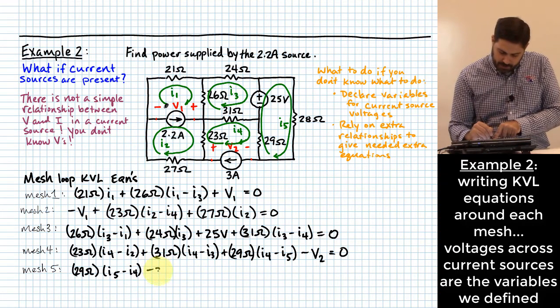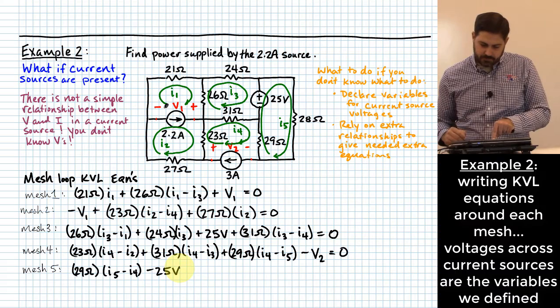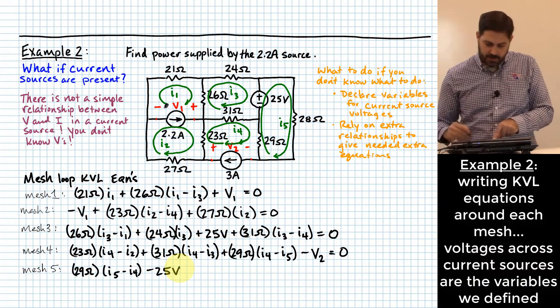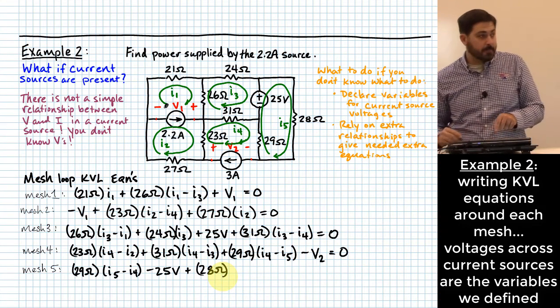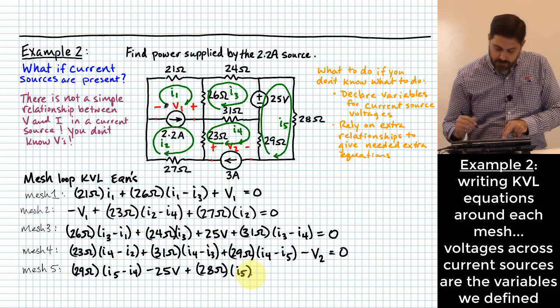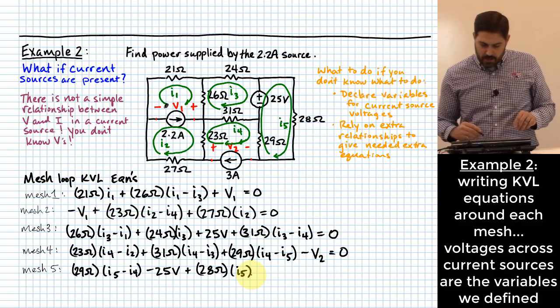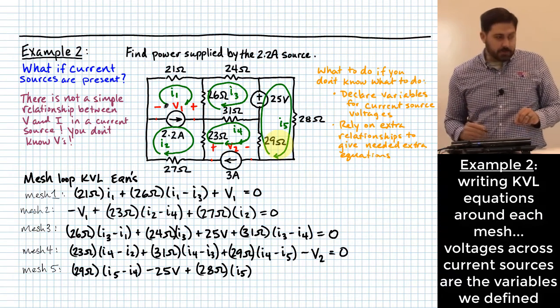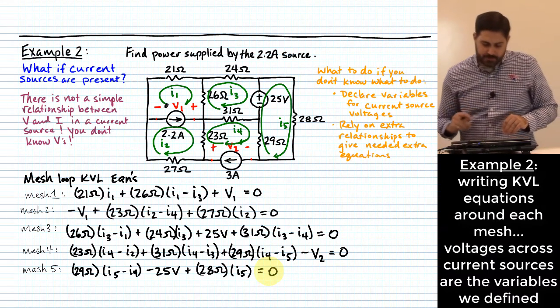Minus 25 volts would be the next element, plus 28 ohms times what? Just I5, because there's no other meshes involved on that resistor, the 28 ohm resistor. And that gets me all the way around the loop, so we'll set this equal to 0.